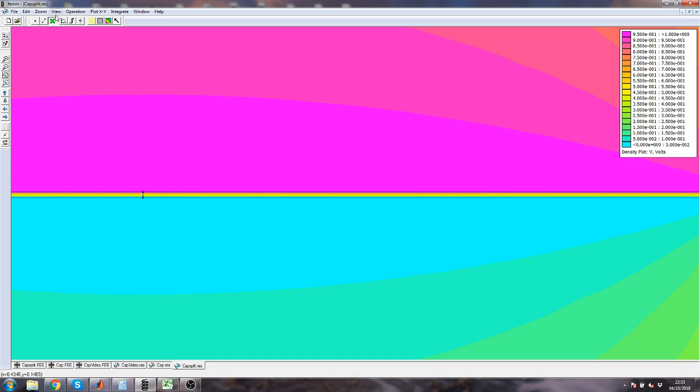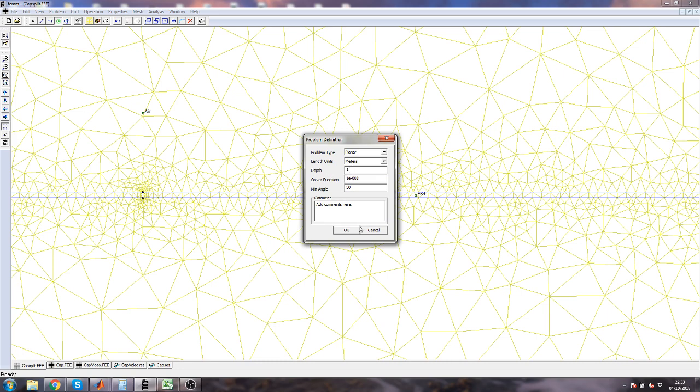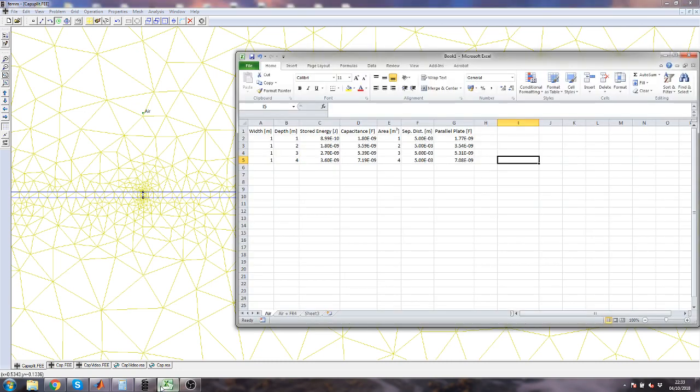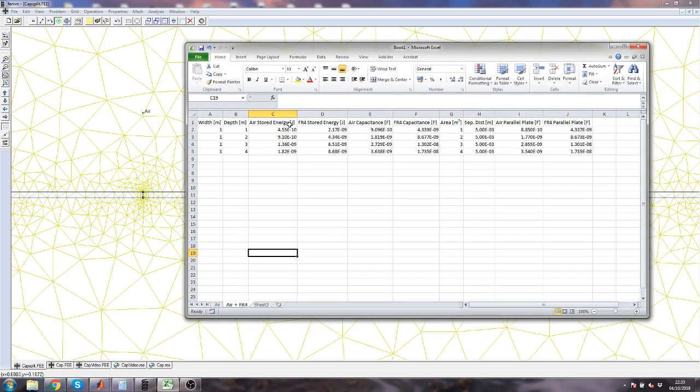So if I was to go through all the rigmarole of setting up the depth of the problem again and making an Excel sheet like this one, we could have a little look at the stored energy in the air section and the stored energy in the FR4 section, and we can then compute what the capacitance is due to the air section and the capacitance due to the FR4 section.